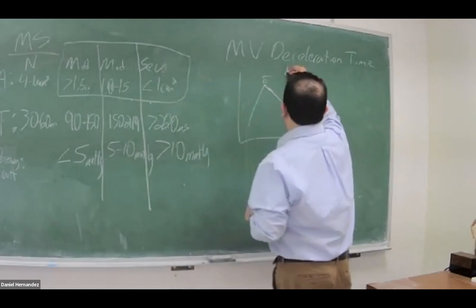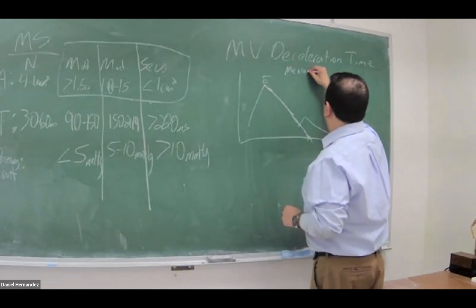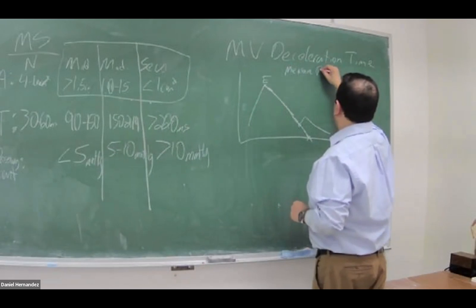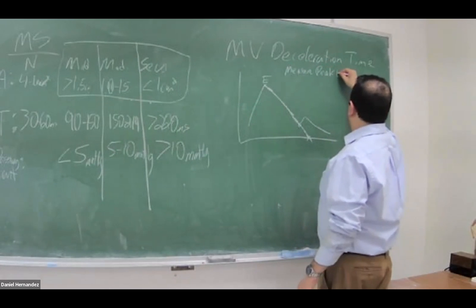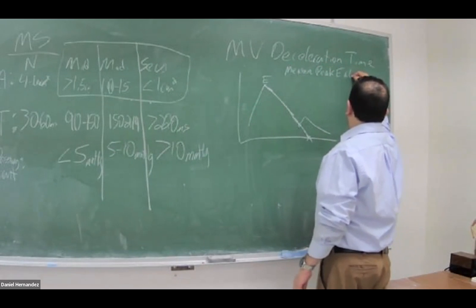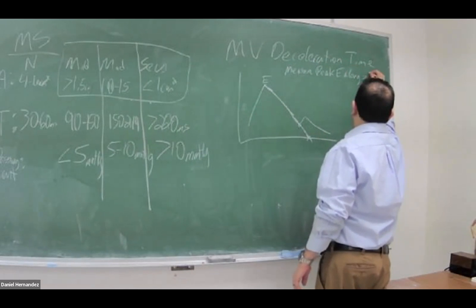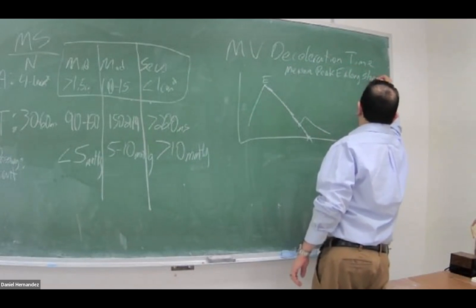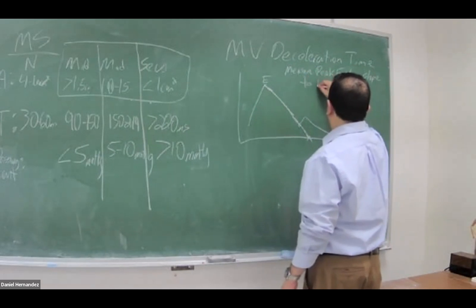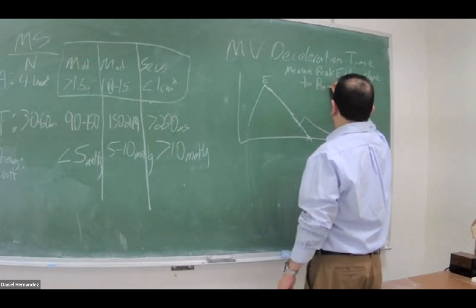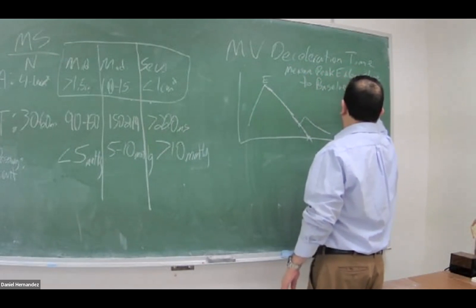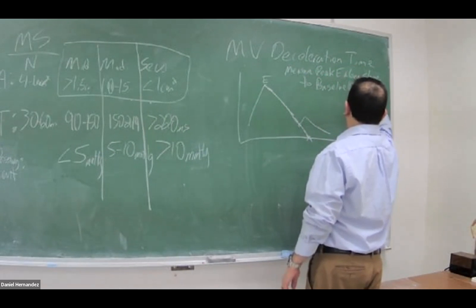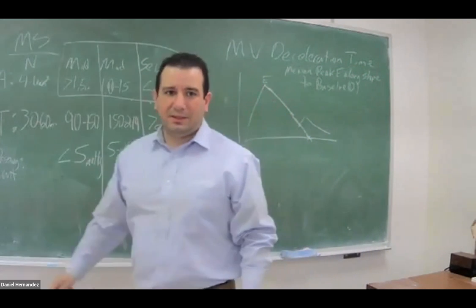So I'll measure from peak E to baseline. I'm just going to put 0. You're measuring all the way down to your baseline, to 0.